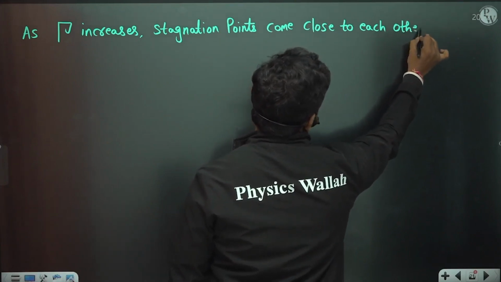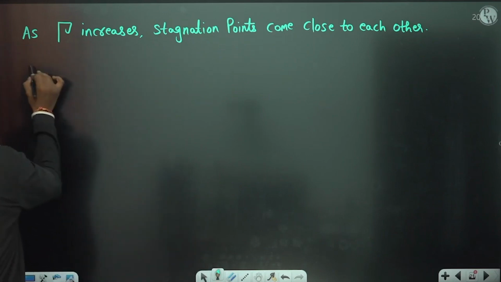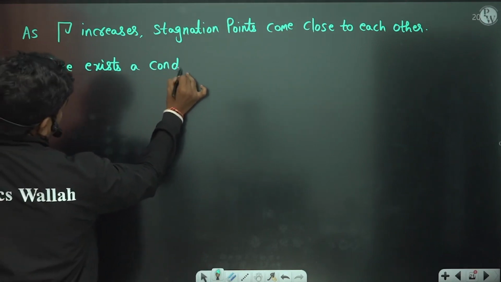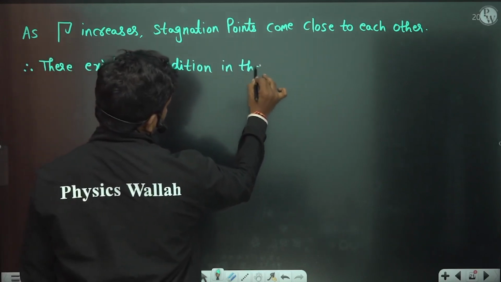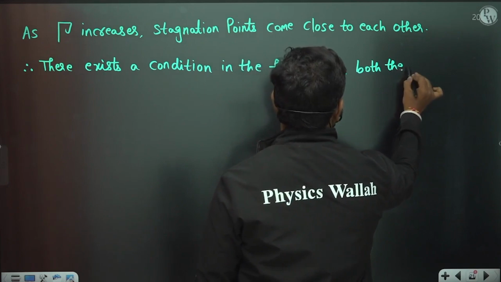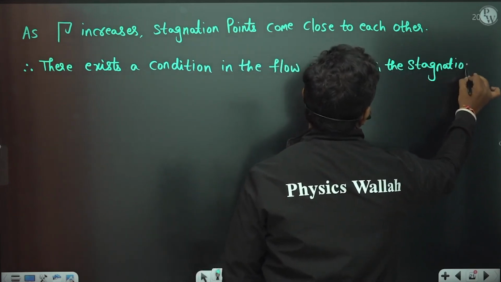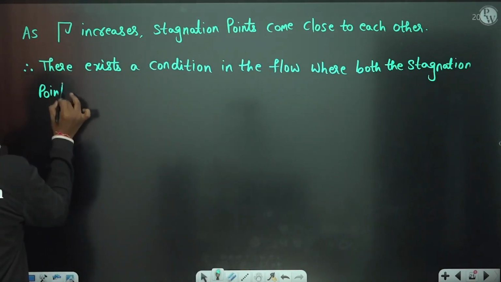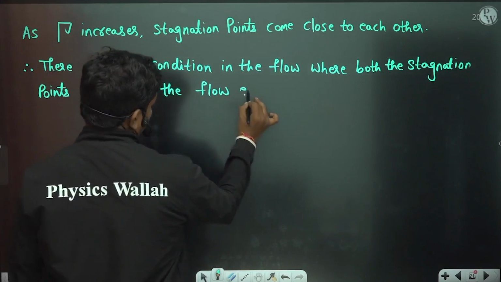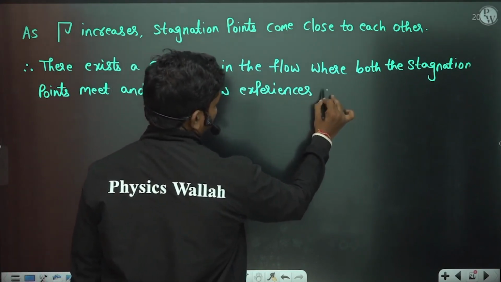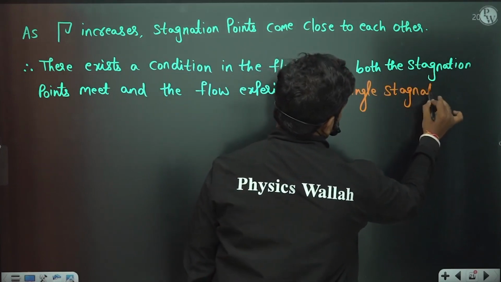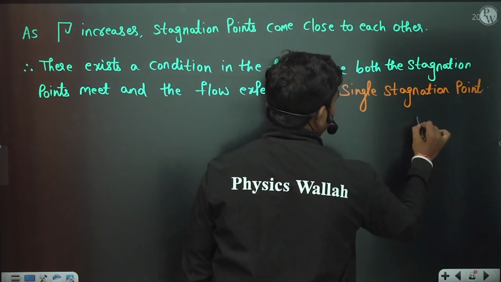When they come close to each other, there exists a condition in the flow where both the stagnation points meet and the flow experiences a single stagnation point, and that comes out at theta equal to pi by 2.